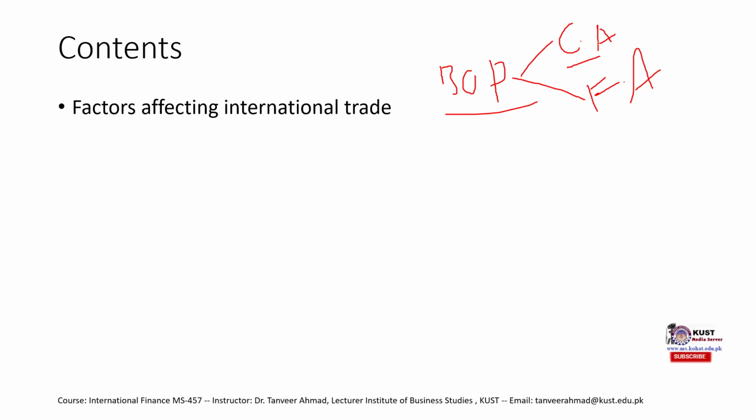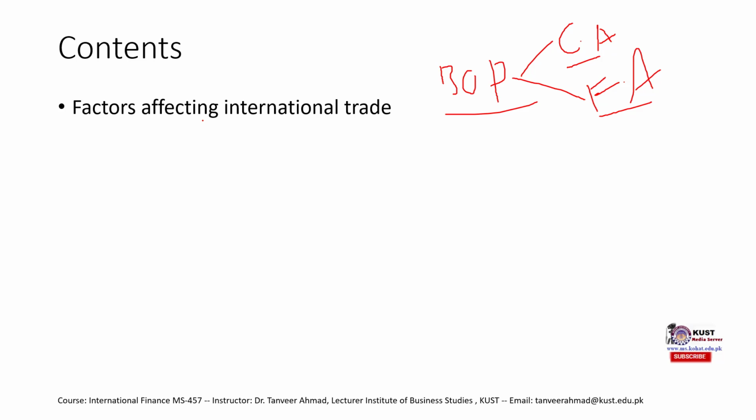We didn't explore what factors would increase or decrease international trade, and what factors would lead to a surplus or deficit in the international trade account. I mean, within financial account, we had foreign direct investment, but we didn't explore what would be the factors that would increase the foreign direct investment.